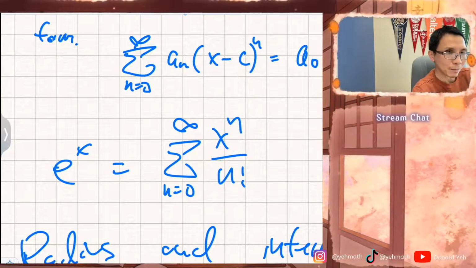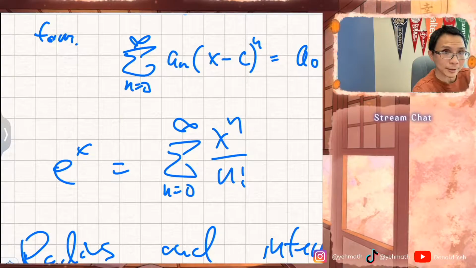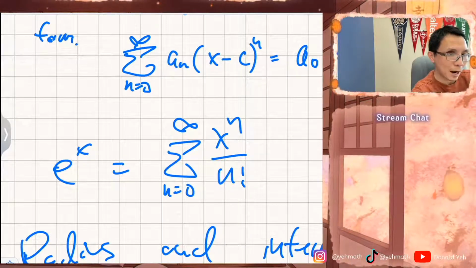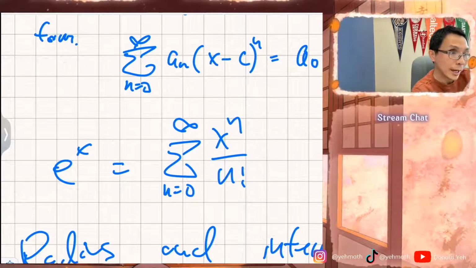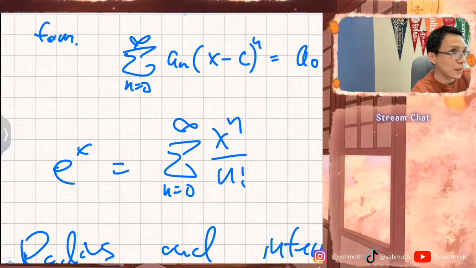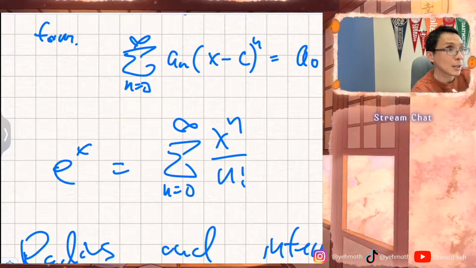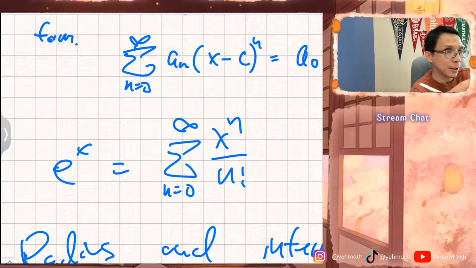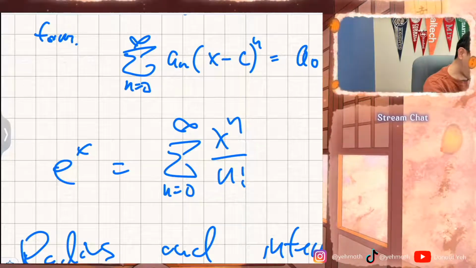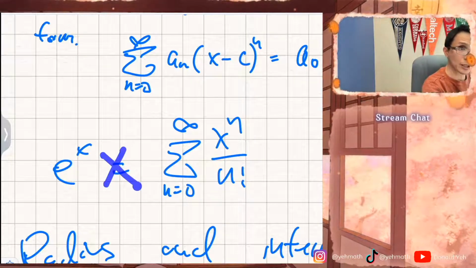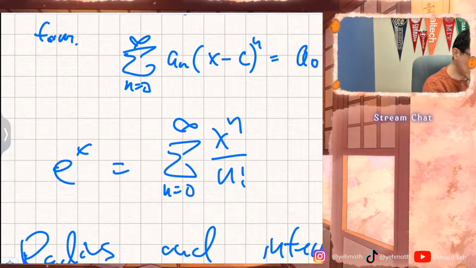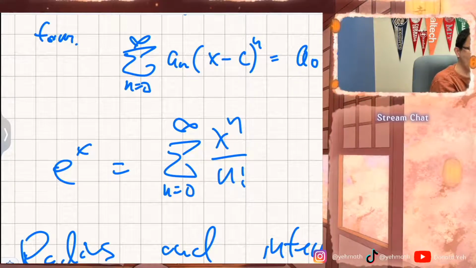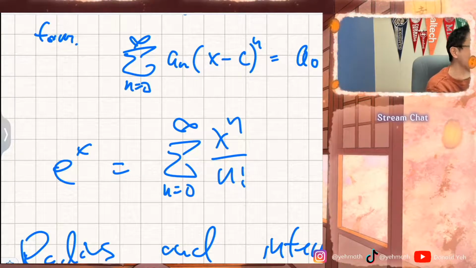There must be a domain for this x, from some value to some value, whether it's a single value, an infinite amount of values, or a radius of convergence between 2 values. Between those 2 values, this series actually converges. Because if it diverges, this will not be true. This only works if it is convergent, so x has to be in some range of values that represents that.